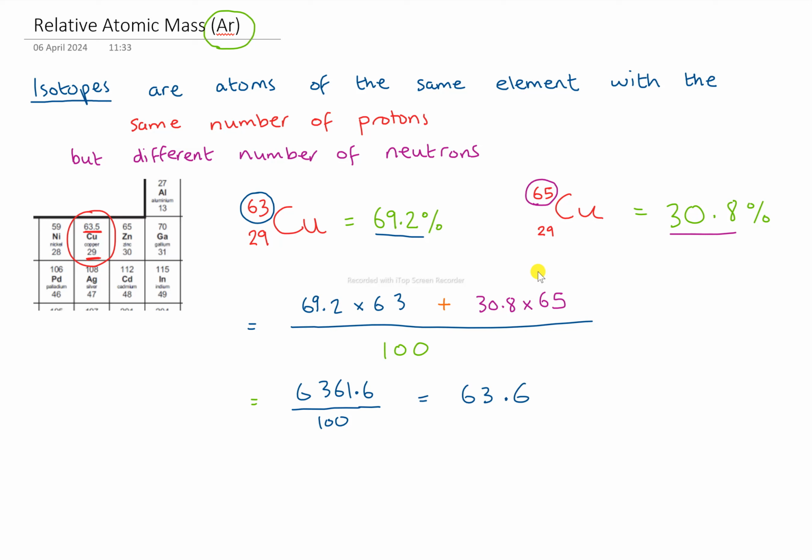Right, and what they've done is they've worked it out and rounded it off to 63.5. They've done lots more experiments than the data we've got. So the relative atomic mass for copper is 63.5. We calculate it as 63.6. So it's close enough because that's our experiment. So that's how you work out the relative atomic mass.